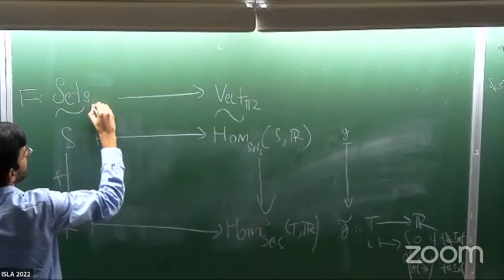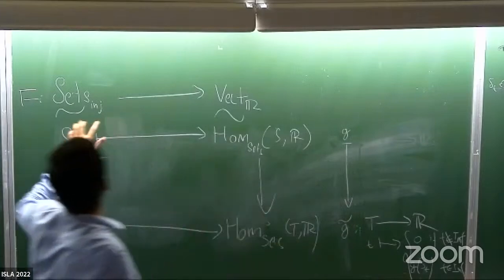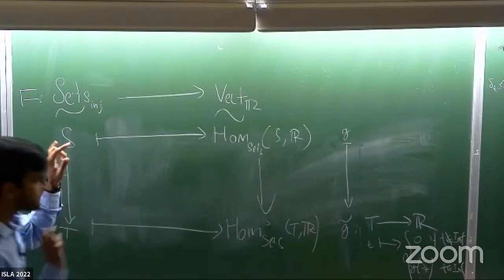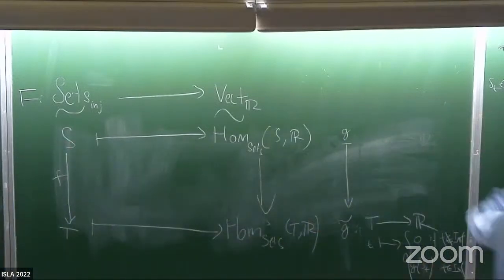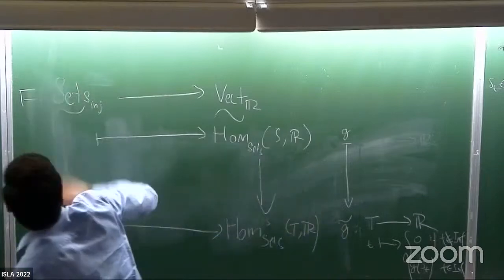If I do injective, then this is indeed a functor. This category is the category with objects as sets and arrows between them as injective maps, not all maps, injective maps. And then this will be a functor. So these are the clarifications that I needed.